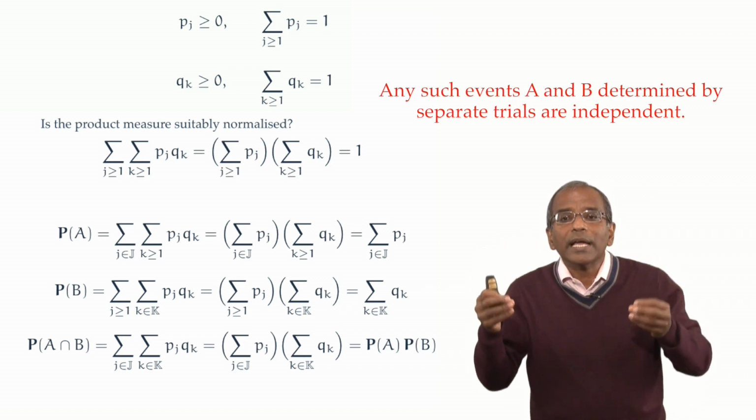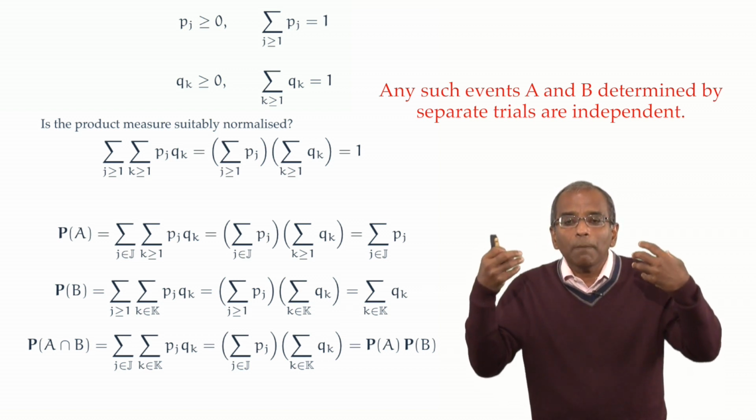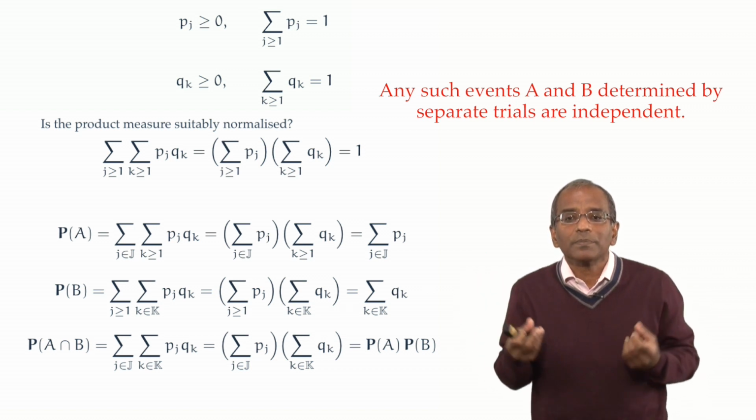The probability measure is a product measure obtained by multiplying probabilities from independent trials.